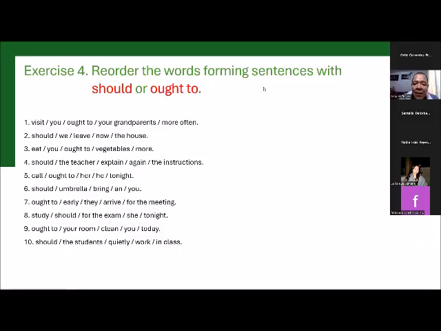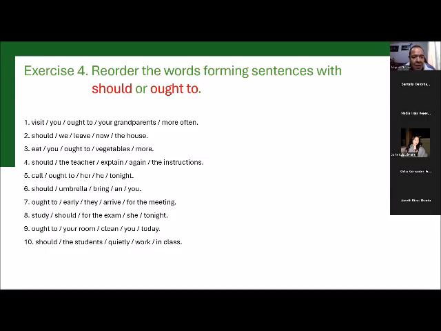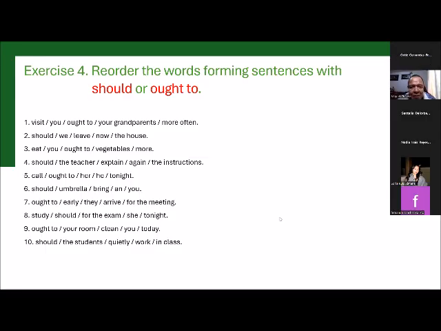Okay. Now here we have the last exercise that says reorder the words forming sentences with should or ought to. We only need to put in the correct order these words to form sentences. Put them in order. Okay.